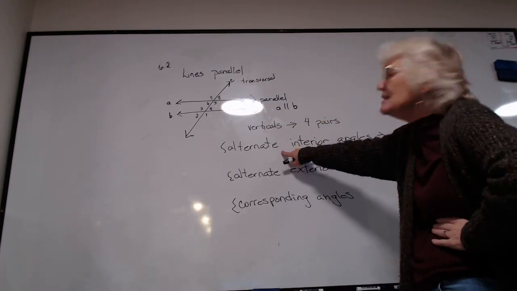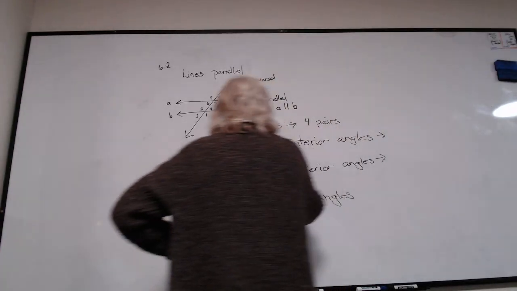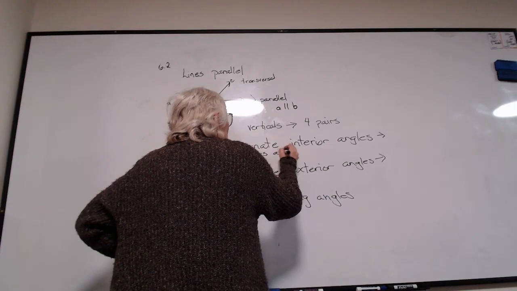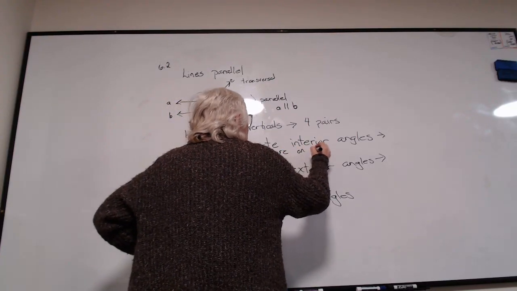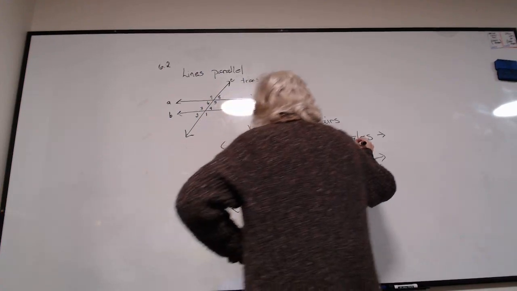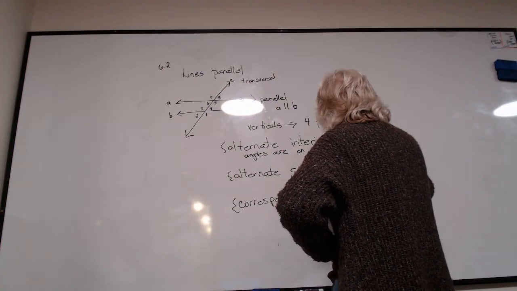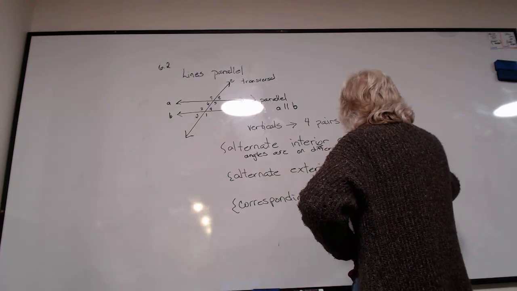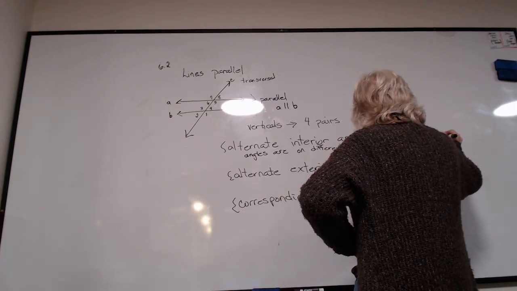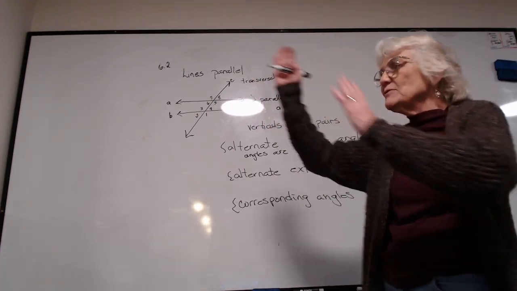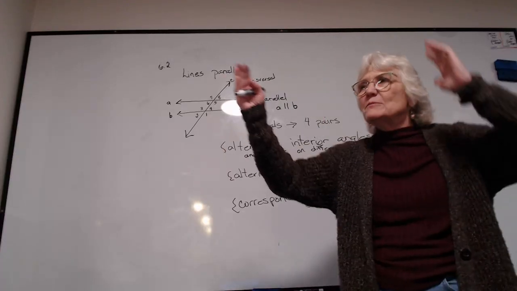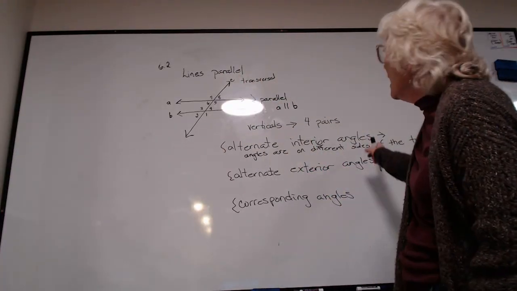So alternate means that the angles are on different sides of the transversal. It's kind of like when you alternate between one side and the other.